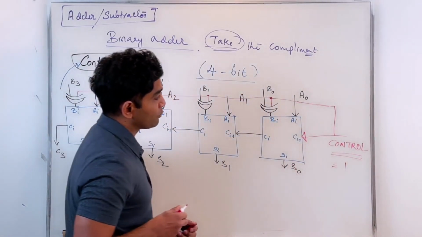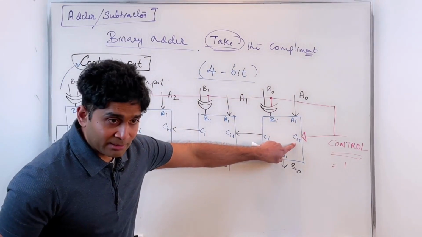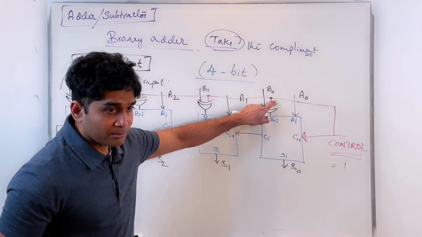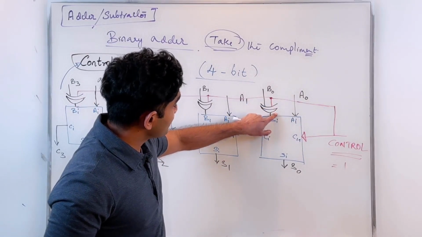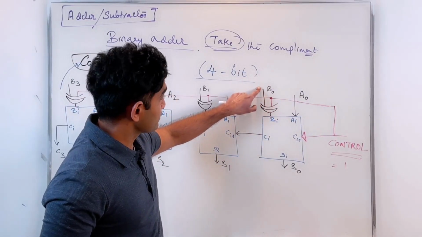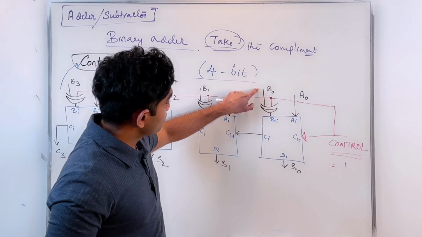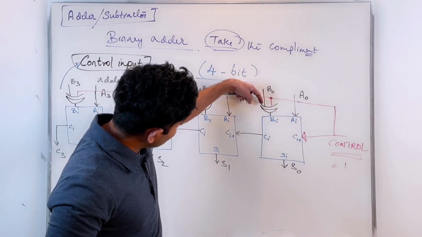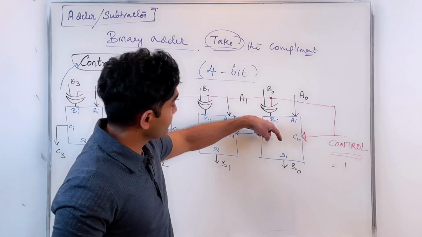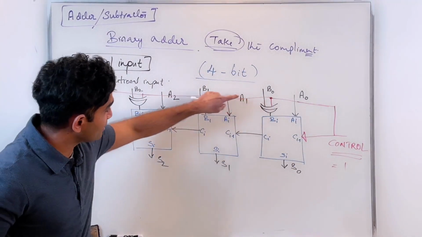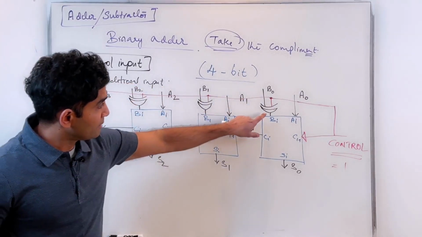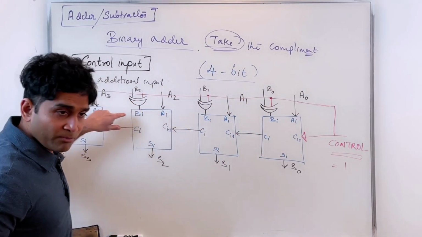When I apply control input of 1, I'm applying a 1 here, a 1 here, and we've already seen that when the control input is 1, my output is the inverted version of the other input. In this case, that's B0. So my B0 is going in as B0 prime, B1 is going in as B1 prime, and so on. So each of my B's are inverted here, being applied to my adders.